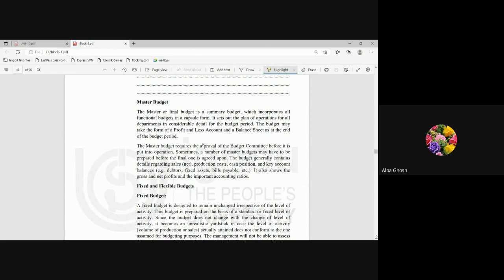Nothing is forecasted. If you have sales of rupees 10 lakh, that is only sales. You don't have any budget where you anticipated that you may have sales. So zero budget applies to companies that do not follow any budgeting process.